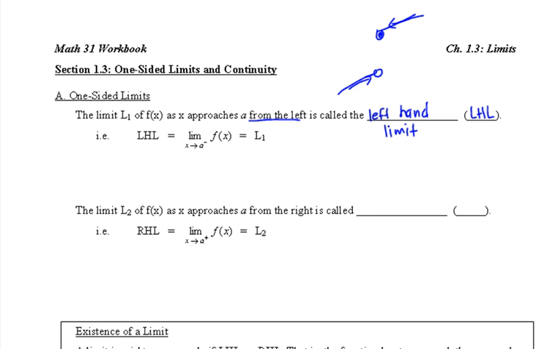When you see this little negative sign, it means that you want to approach it from the left. That little negative there means approach from the left. I'll just write that instead of the whole thing: approach from left.